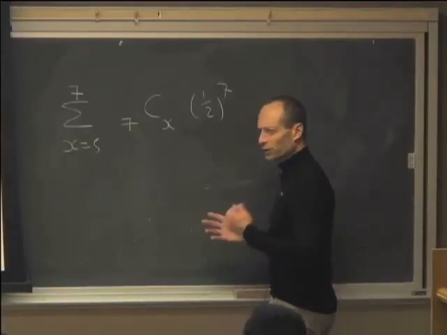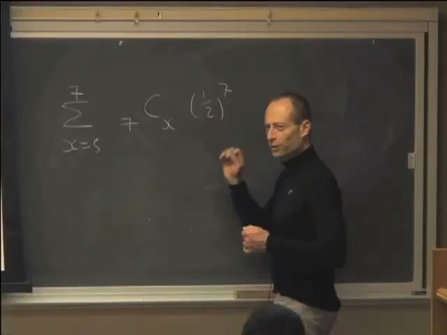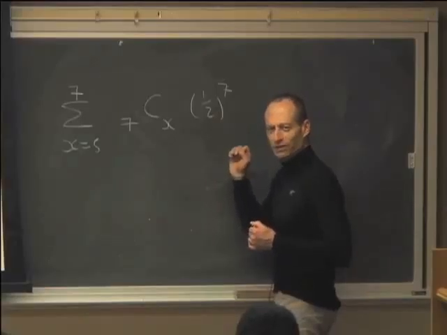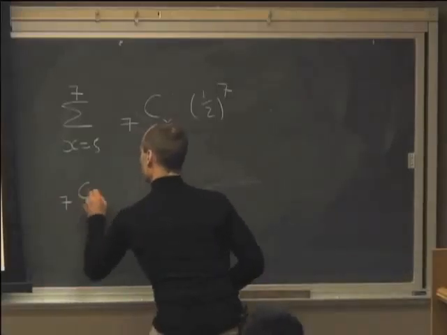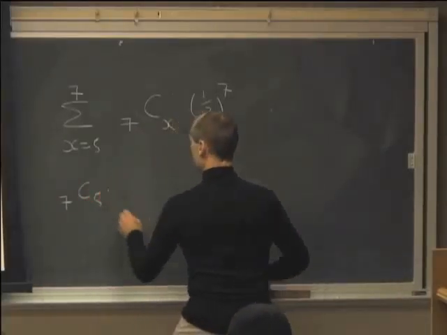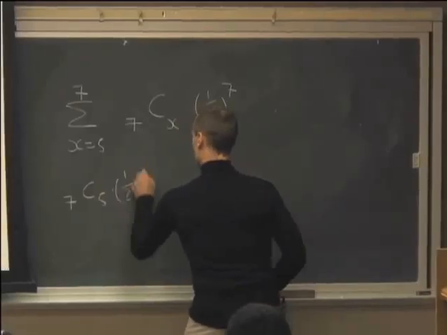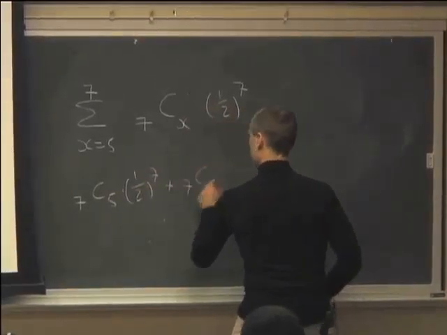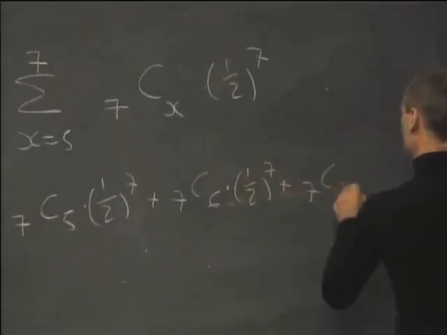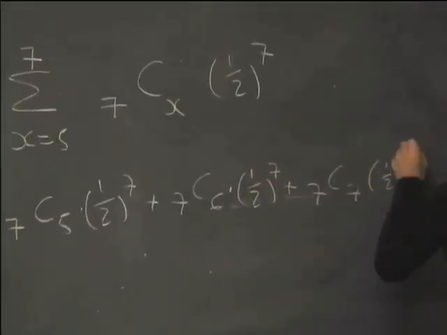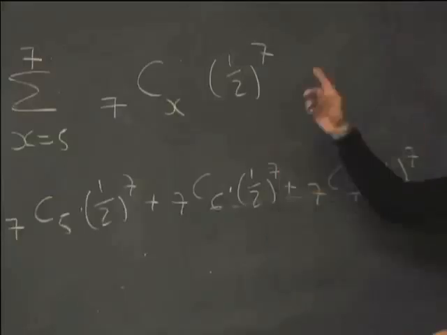Okay? So we have to add those 3 numbers together. There's some quizzical looks here. We don't like the summation sign. We want to work it out. Okay, so we got 7 choose 5 times a half to the 7th plus 7 choose 6 times a half to the 7th plus 7 choose 7 times a half to the 7th, right? That's what this is shorthand for.